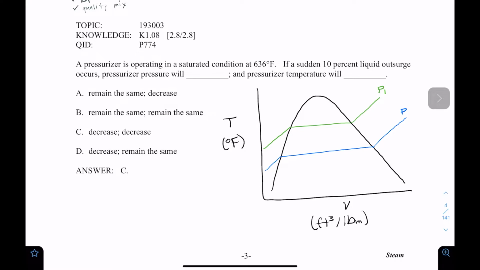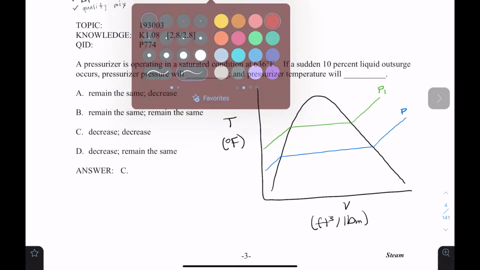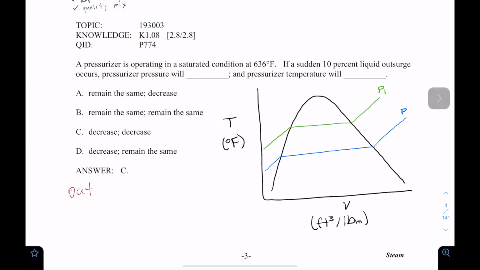When we have an outsurge, the reason we have an outsurge is because we have a decrease in the average temperature on the RCS, and that decreases the pressure on the pressurizer, right? So that's the basic concept of the outsurge. An insurge would be the opposite. But this one is asking about the outsurge, right?